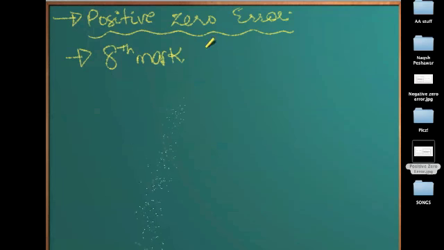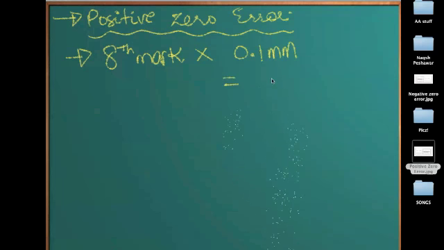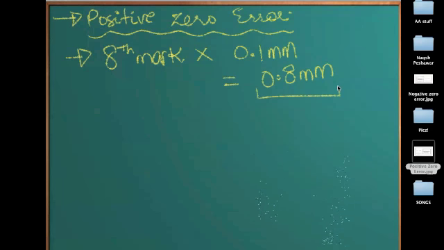So 8th mark times the accuracy of the Vernier scale, which, since this is in millimeters, is 0.1 millimeters, would be 0.8 millimeters. So all my readings will be 0.8 millimeters ahead of the actual value. This is a plus 0.8 error.